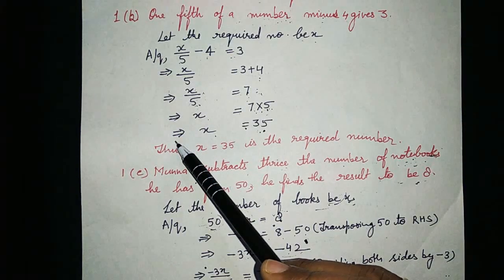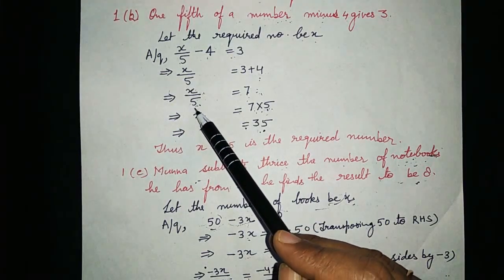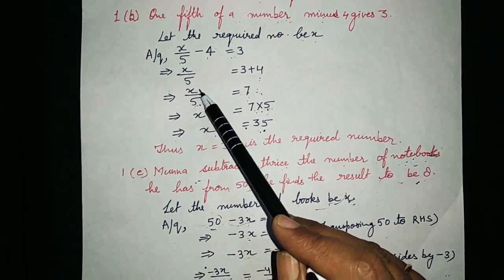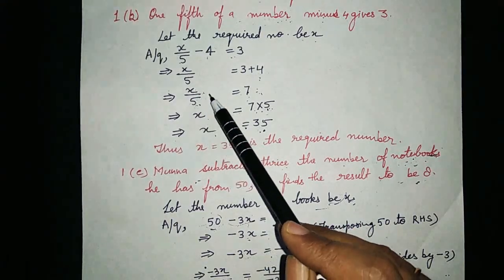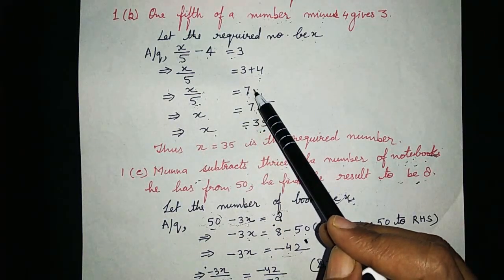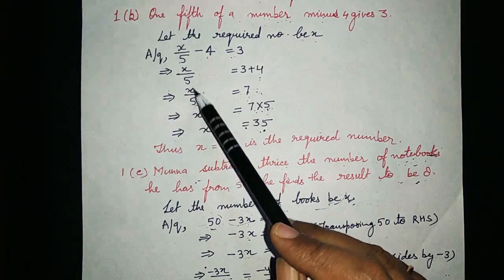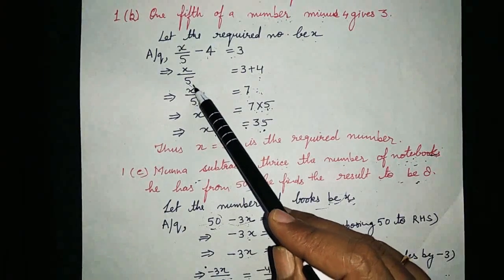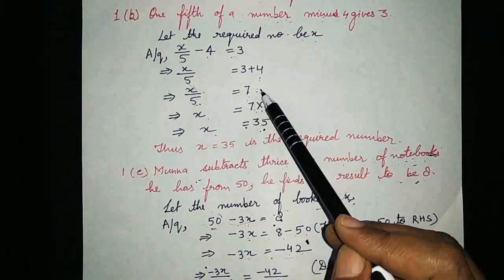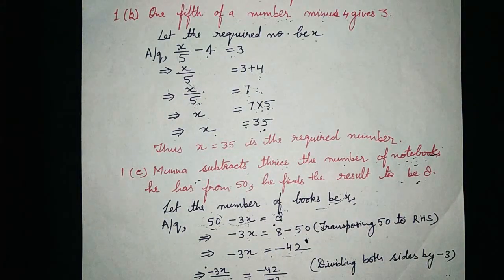Now we can see here 5 is in division with this x. So what we have to do on both the sides? As it is in division, so to separate the variable x, we will multiply both the sides by 5.